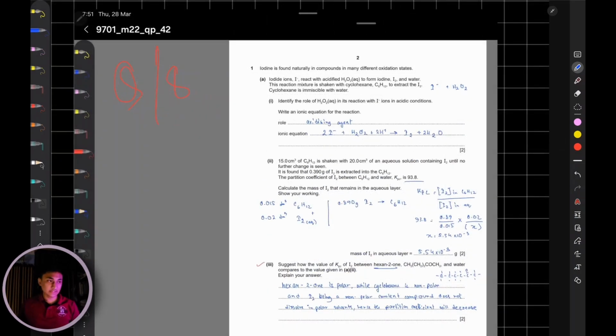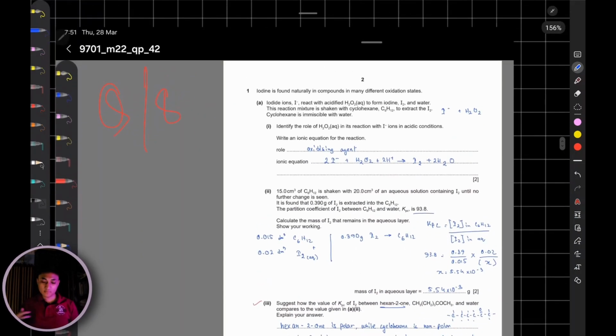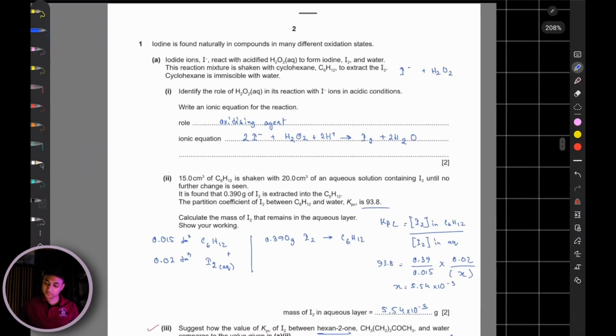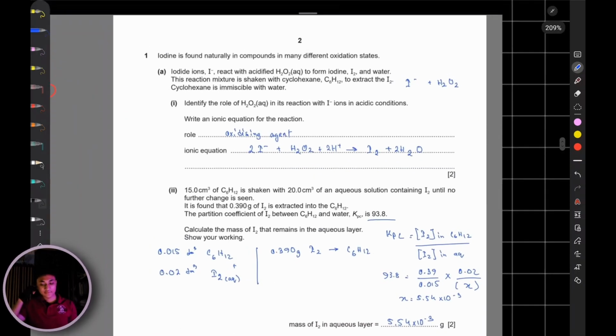Now for question 8, it is from March 22, variant 4.2. What is it saying? Iron is found naturally in compounds in many different oxidation states. Iodide ions react with acidified H2O2, hydrogen peroxide, to form iodine and water.